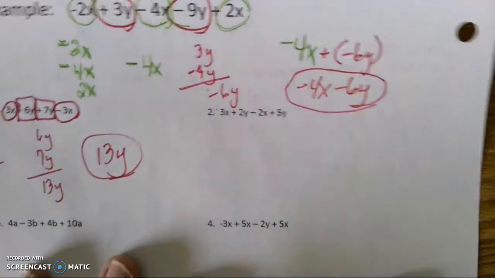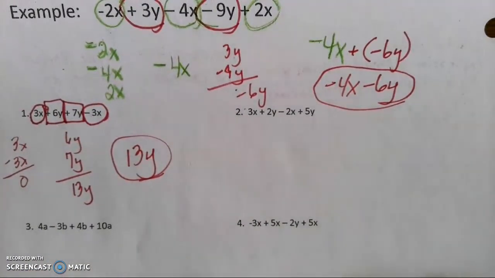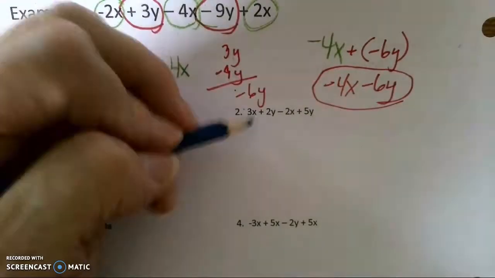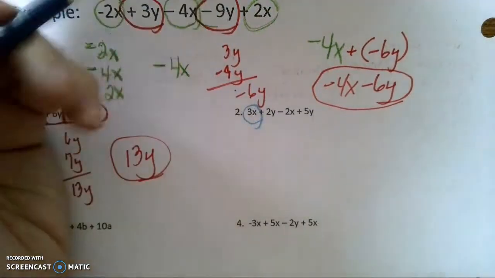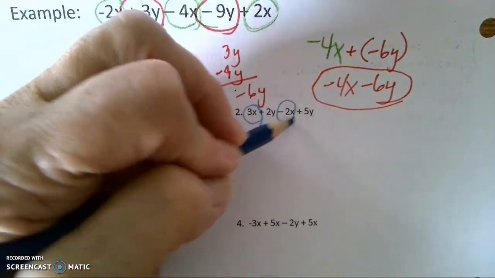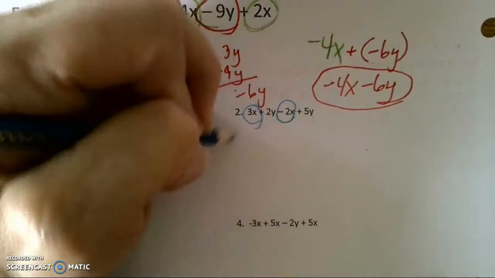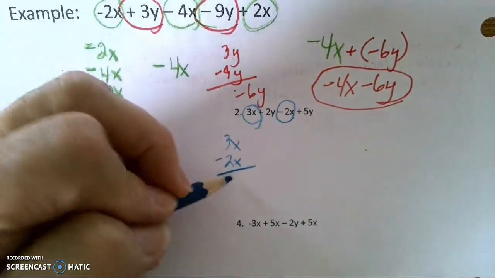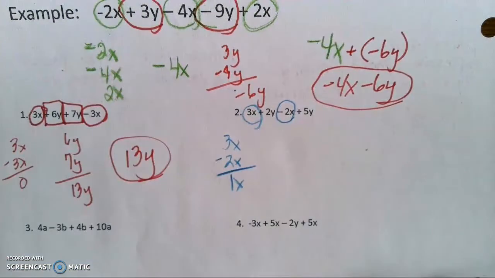Okay, let's look at number 2. And I'm going to go back to using colored pencils just because it's a little easier for you to see that. Again, I have a 3x and a negative 2x. So I am going to combine 3x, negative 2x. That's going to give me 1x, or just x.